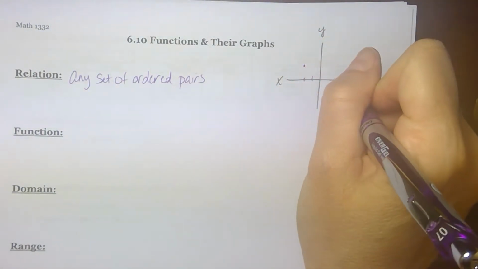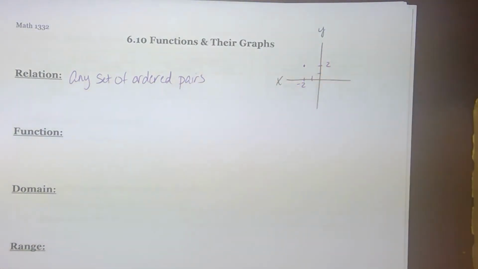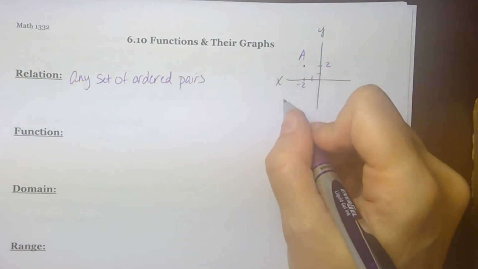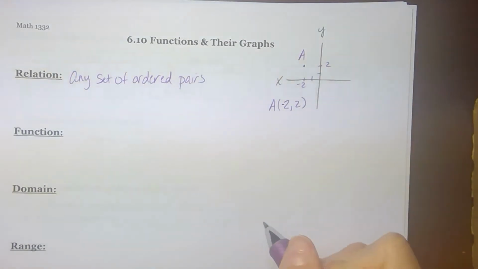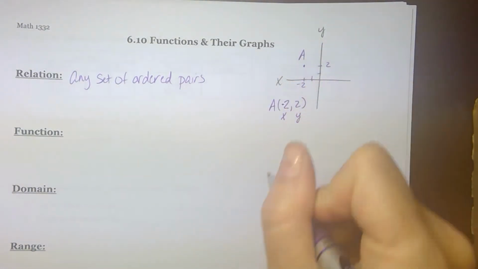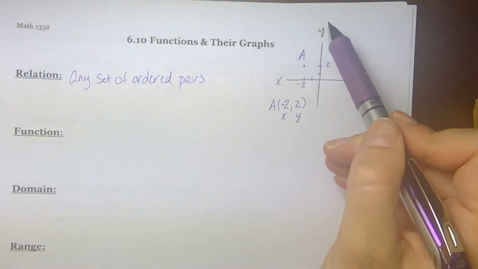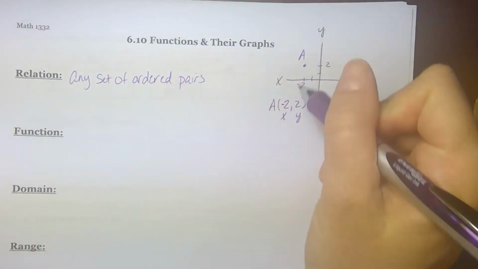I've moved over to the left 2 units, and I've moved up 2 units. That ordered pair, let's say this is point A, the location for A would be at (-2, 2). When you write an ordered pair, it's always an XY ordered pair. The horizontal shift comes first, and the vertical shift on the y-axis comes second.